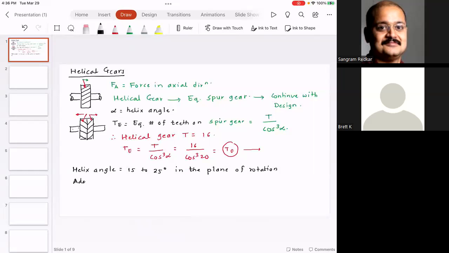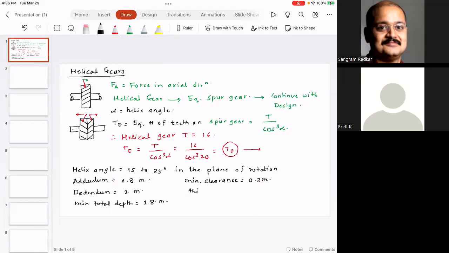Addendum, which is 0.8 times module. Dedendum, which is equal to 1 times module. Minimum total depth, 1.8 times module. Minimum clearance, is equal to 0.2 times module.